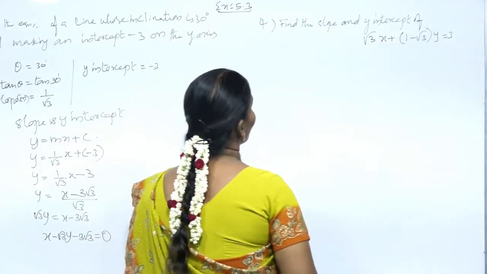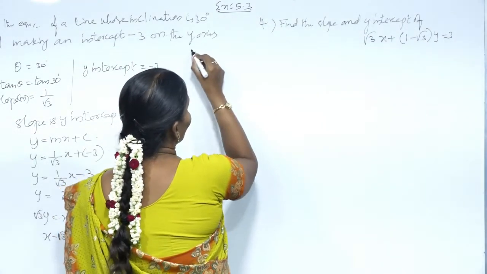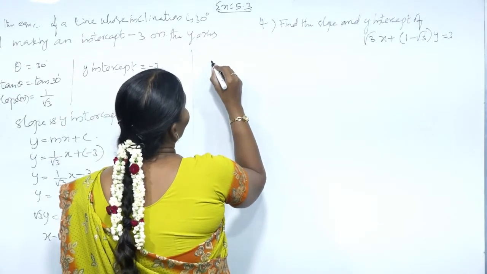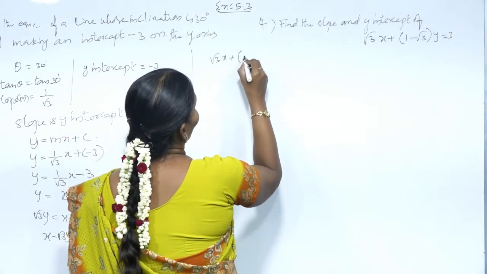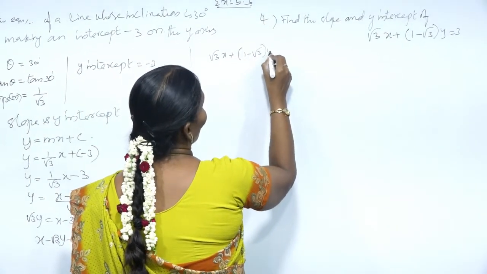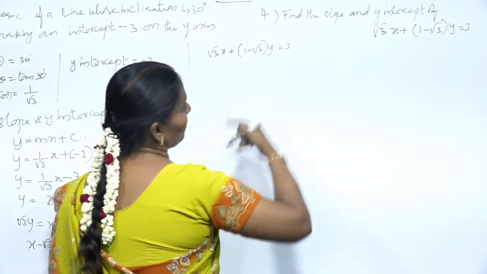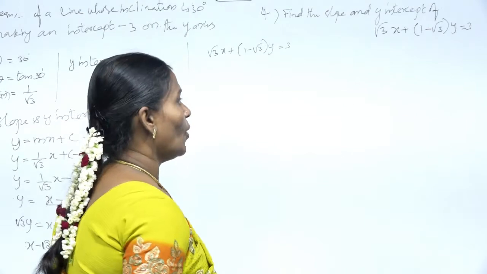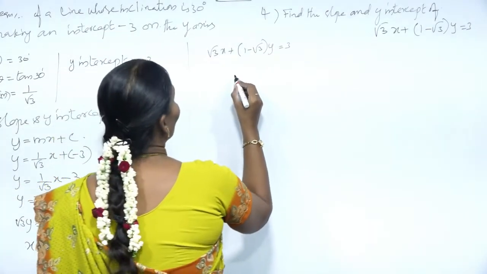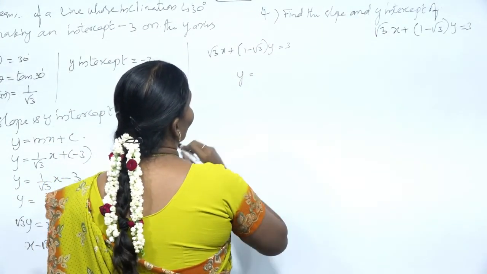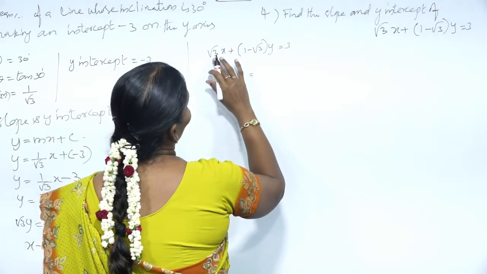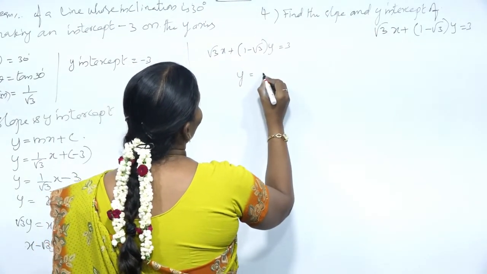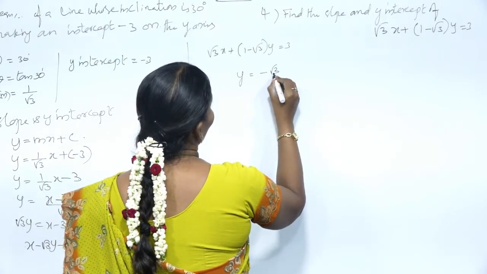Okay, good. Now we see the next sum: find the slope and y-intercept of the given equation. The given equation is root 3x plus 1 minus root 3 of y equals 3. Slope and y-intercept form means y is equal to, so this root 3x you put to the right side, so that becomes minus root 3x.